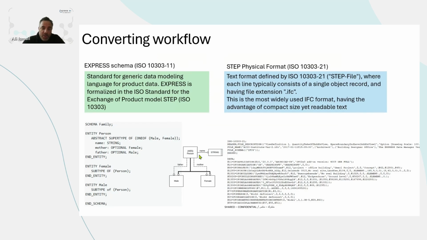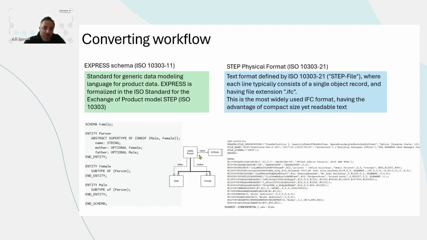So to dive a little bit deeper into the technology and the details, we are dealing here with two types of ISO standard. The first one is the EXPRESS schema, which is ISO 10303-11, a standard for a generic data modeling language.